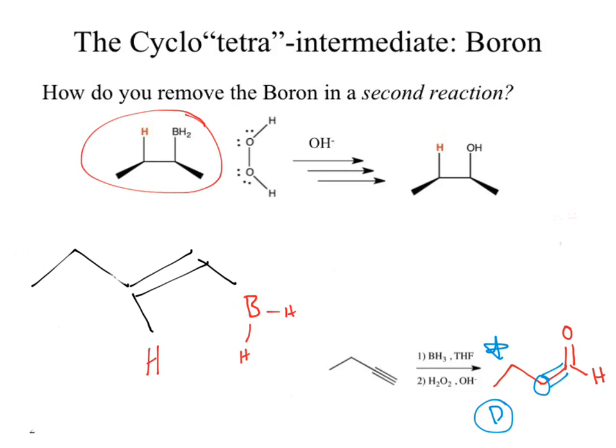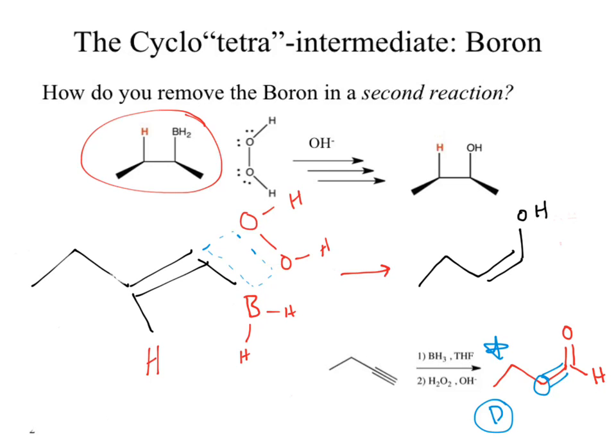We then add the peroxide. What the peroxide will go through and do in a pseudo-similar four-membered ring, at least in my twisted world, the result is we cleave the boron and we end up with our OH on the outside.